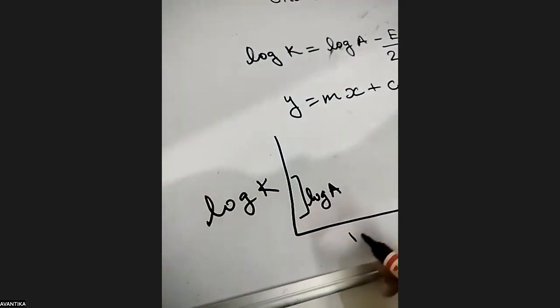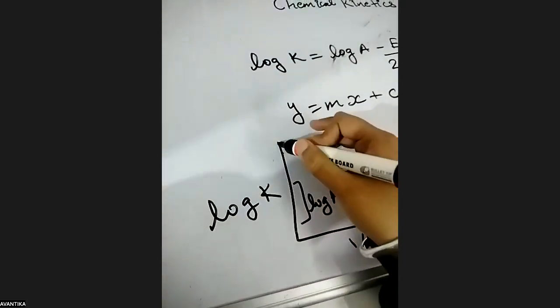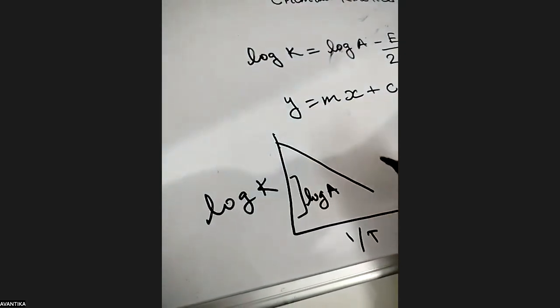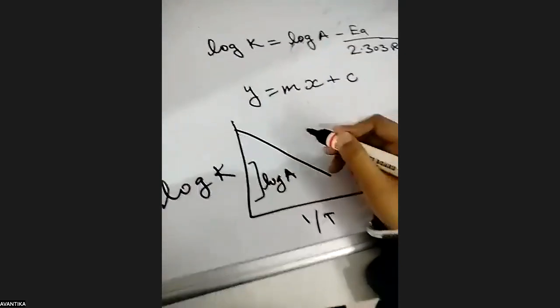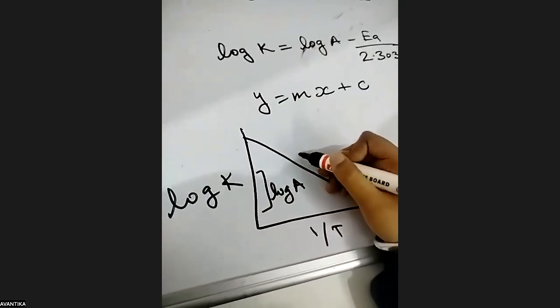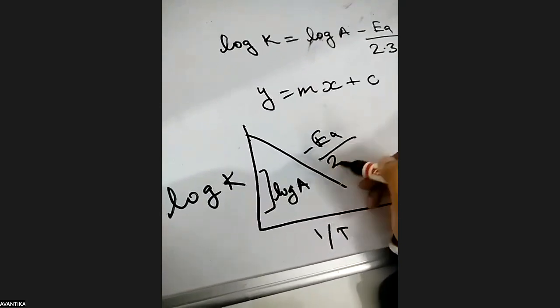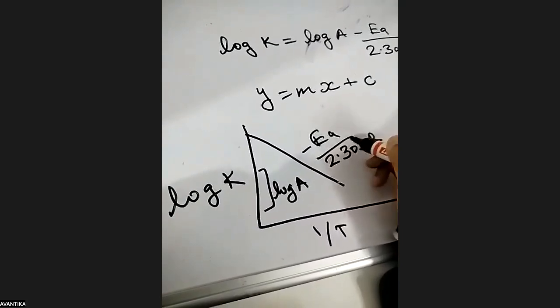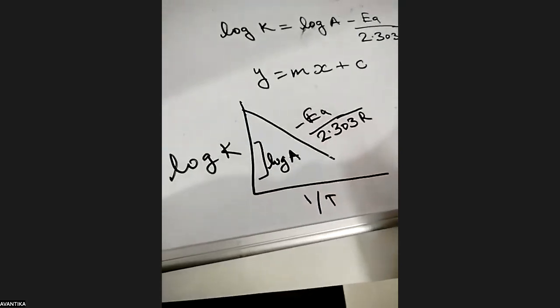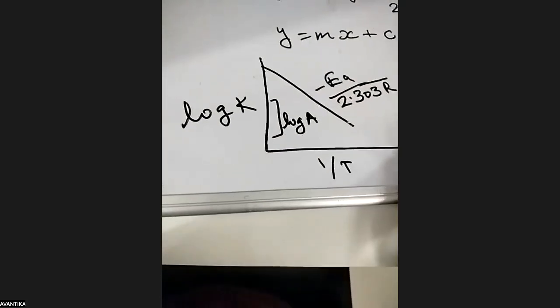And here we will get a decreasing slope, and the value of slope will be minus Ea upon 2.303 R. So this is the graph of log k versus inverse of temperature.